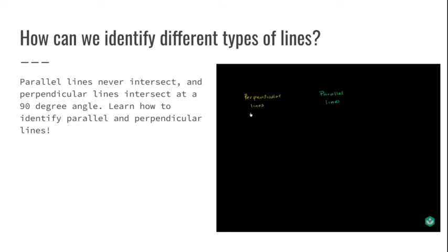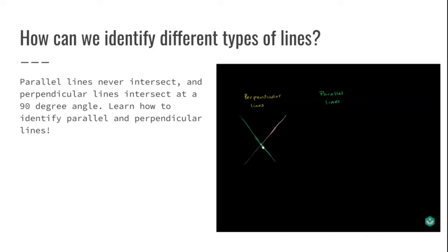So perpendicular lines are two lines that intersect at a right angle. So what am I talking about? Let's say that this is one line right over here, and that this is another line right over here. We would say these two lines are perpendicular if they intersect at a right angle.